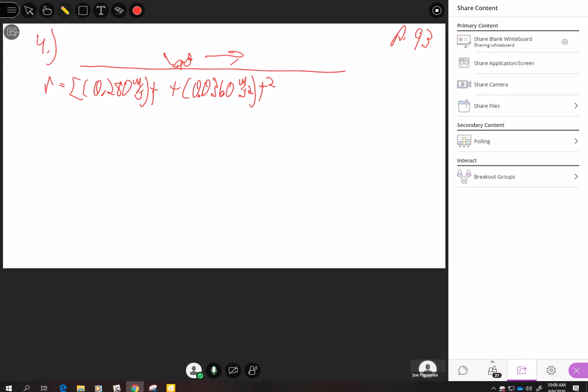And that's all I, caret cap. Plus, I'm going to run out of room, 0.0190 meters per second cubed, T cubed J. Okay? So here's my X component and here's my Y component.